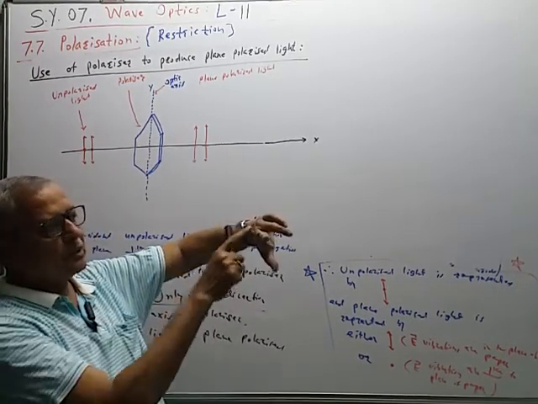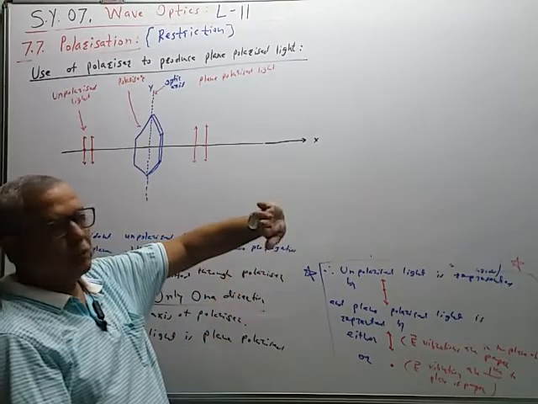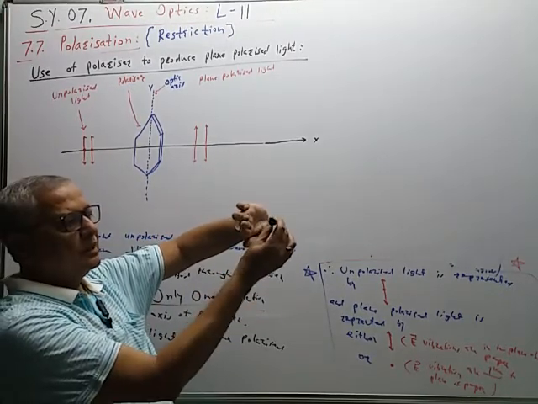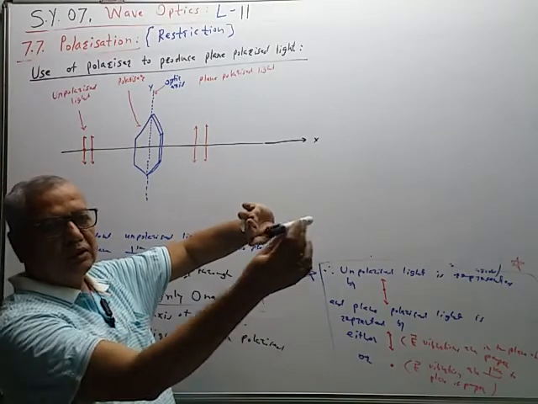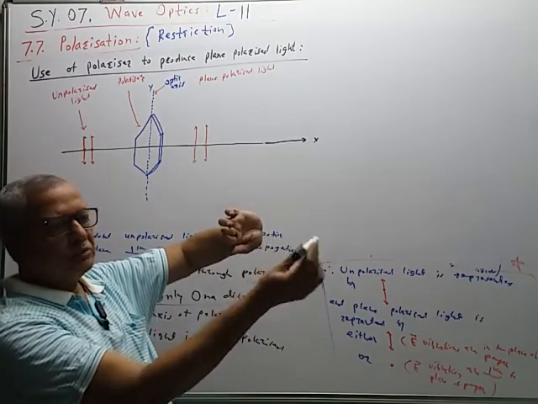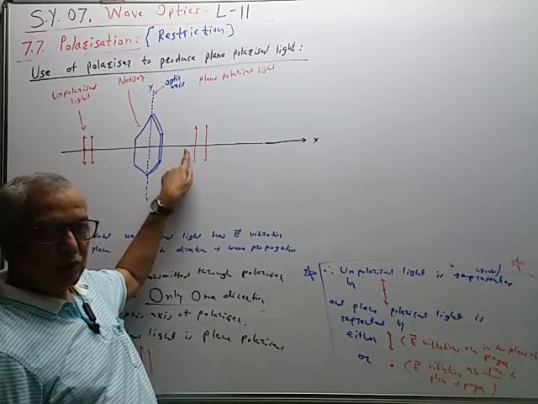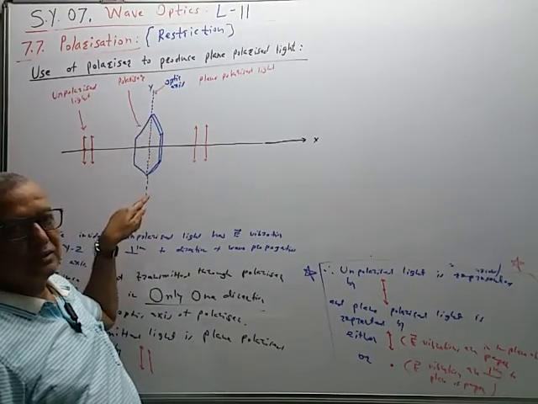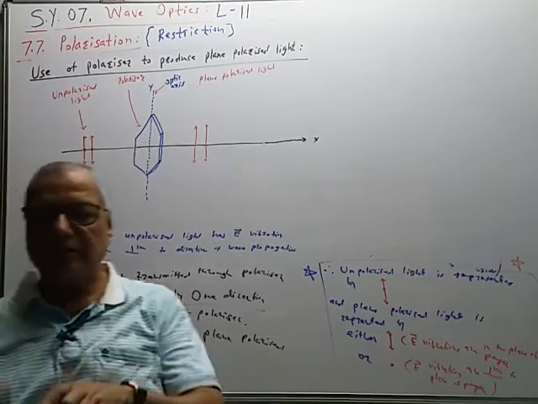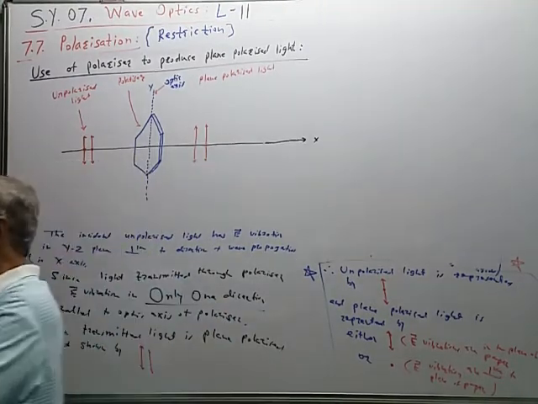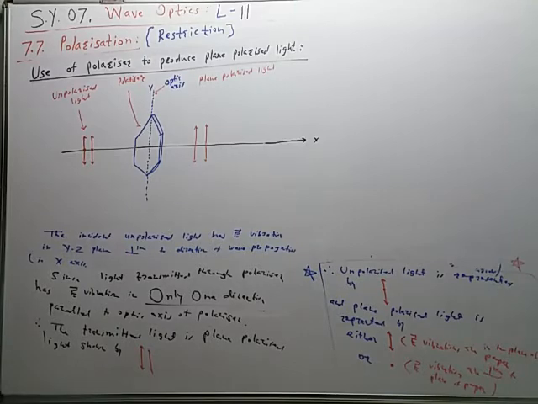If the optic axis is along the z direction, then the electric field vibrations are directed into or out of the plane, and it is shown by a dot. So either we show an arrow or a dot depending upon the optic axis. By rotating the optic axis, we can change the direction of the E vibrations in the plane polarized light. In this way we can get plane polarized light.